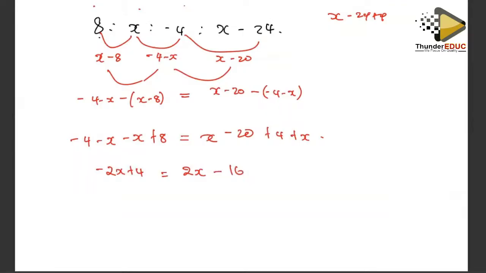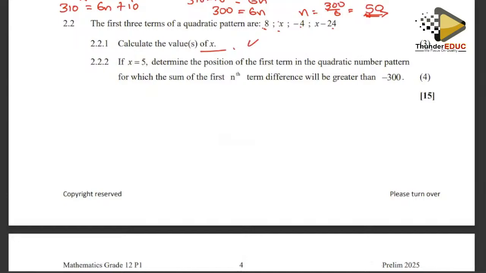Let's collect the like terms, move the 2x that side, move the 4 that side. So negative 4x is going to be negative 20, and then x is going to be just 5. All right, so we are getting just one value of x. Then if x is 5, which confirms that, determine the position of the term in the quadratic pattern for which the sum of the first n first differences will be greater than 300.